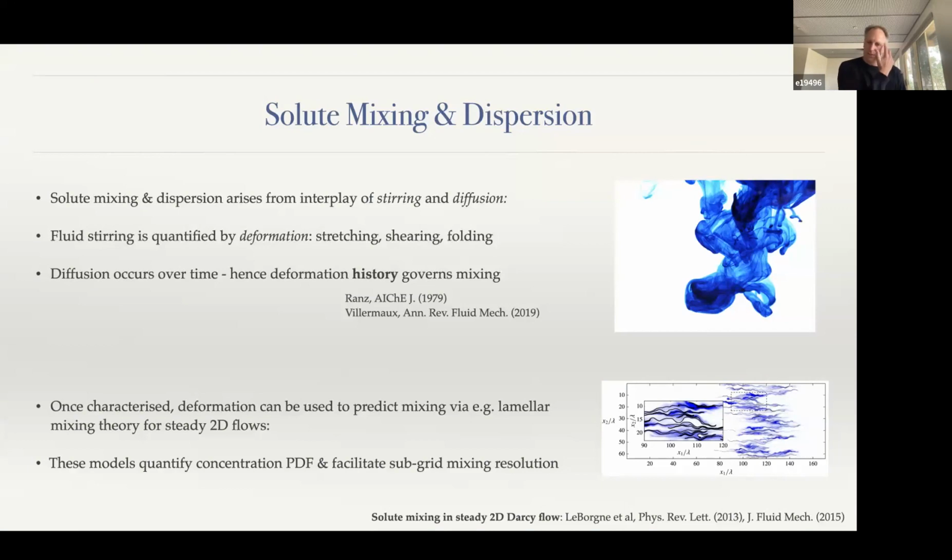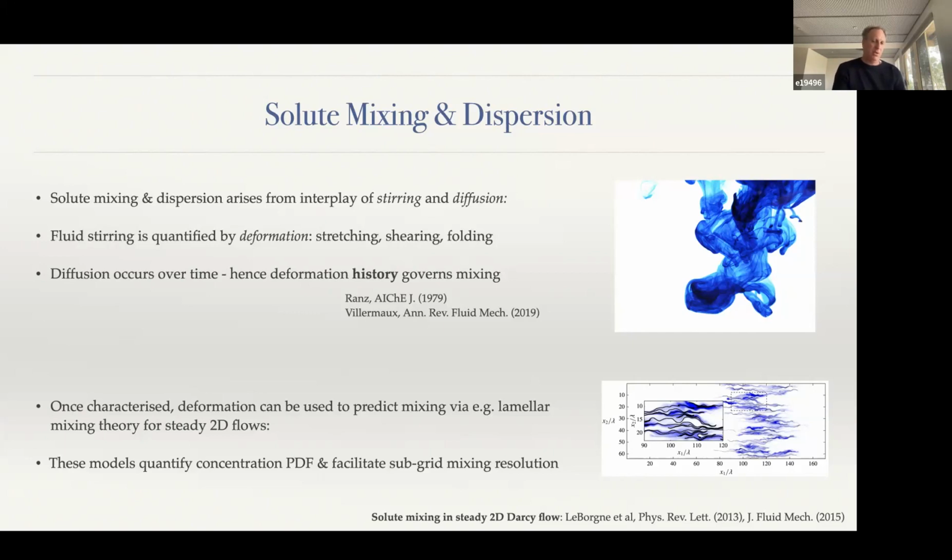And this has been done very successfully using lamella type mixing theory. It's been applied to steady 2D flows and more recently to 3D flows. And there are moves afoot now to extend those models to unsteady 2D and 3D flows. Essentially, these models will quantify the concentration PDF and give us some idea about dispersion and transport, and also the mixing within the solute plume.